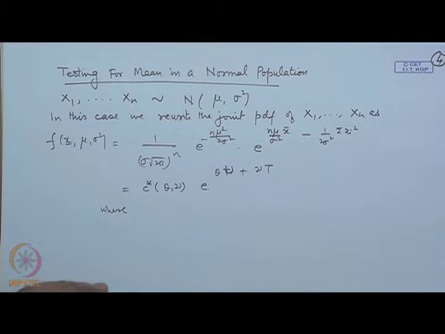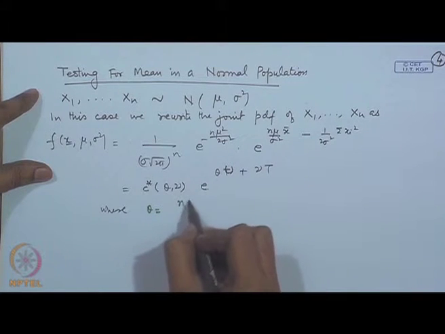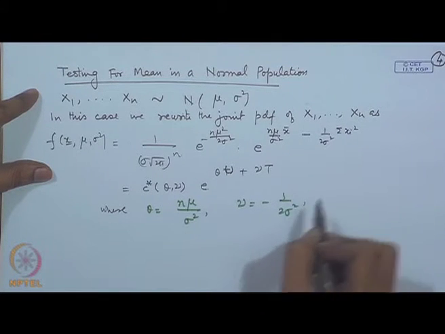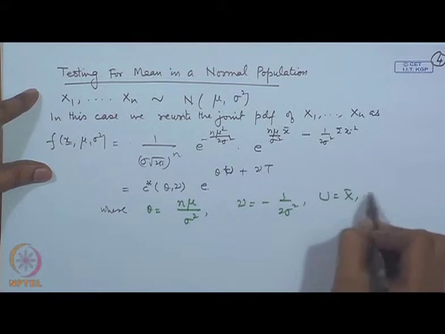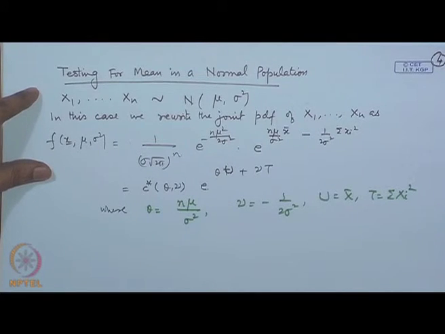Here theta is equal to n mu by sigma square, nu is equal to minus 1 by 2 sigma square, U is equal to x bar, T is equal to sigma x i square.